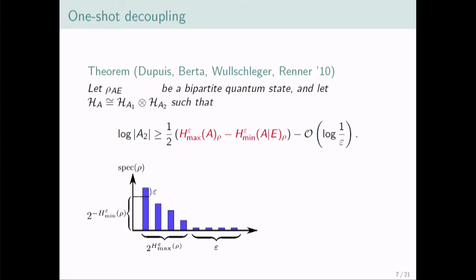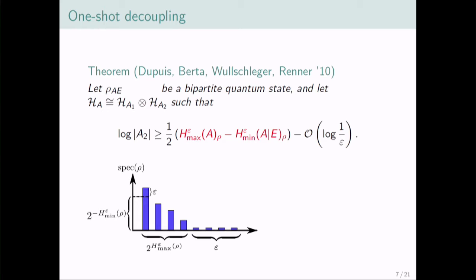And basically the unconditional versions of these Rényi entropies are defined in this little graphic here. So this is the spectrum of some quantum state rho. The min entropy is the negative of the logarithm of the maximum eigenvalue, where the max entropy is the logarithm of the size of the support of the spectrum.